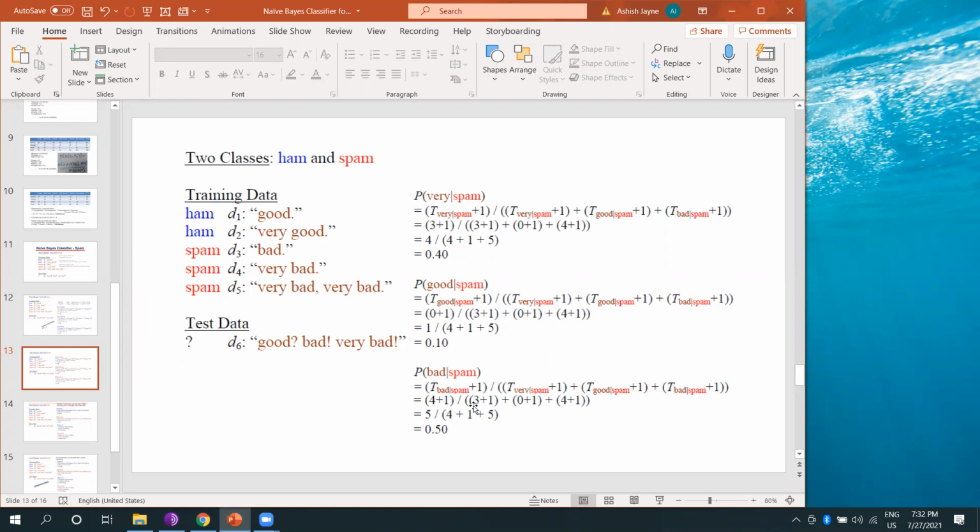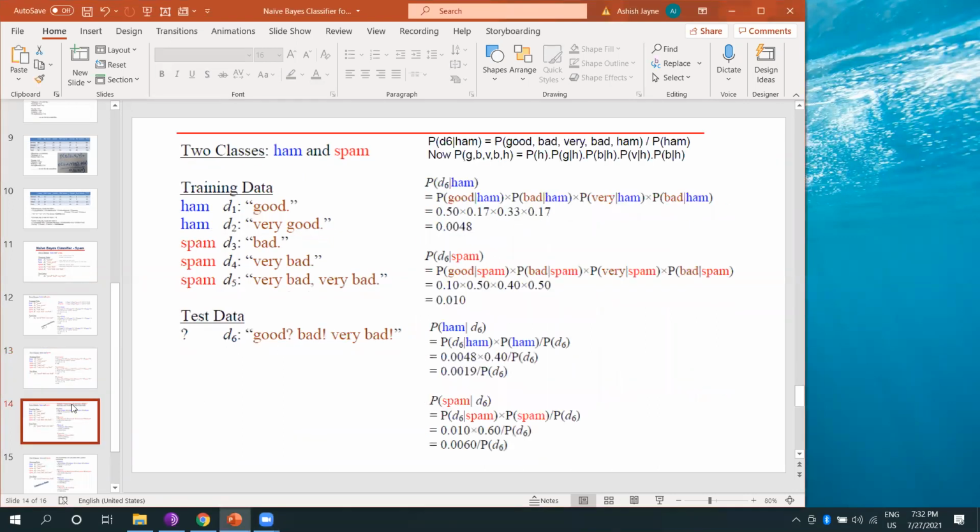The number of times very appears is 1, 2, 3, so 3 plus 1, 4. Good doesn't appear with spam mails, so 0 plus 1, 1. Bad appears 4 times, so 4, and this gives us 5. Now this is 0.5.